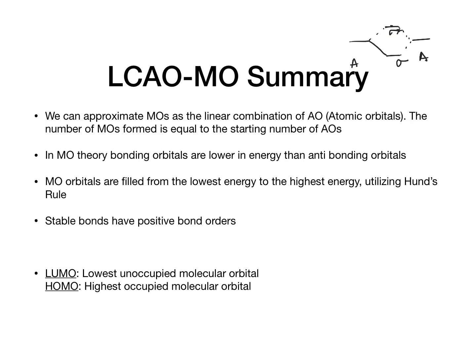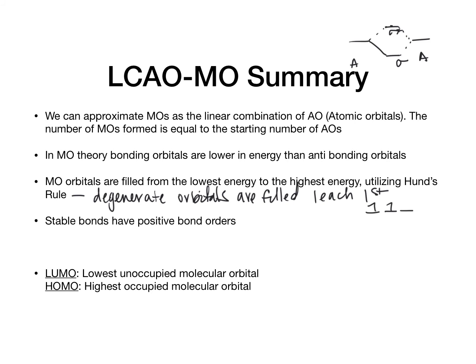And molecular orbitals are filled from the lowest energy to the highest energy, also utilizing Hund's rule, which basically says degenerate orbitals are filled 1 each first. So if we have 3 equivalent orbitals, each one gets an electron first before we go back.